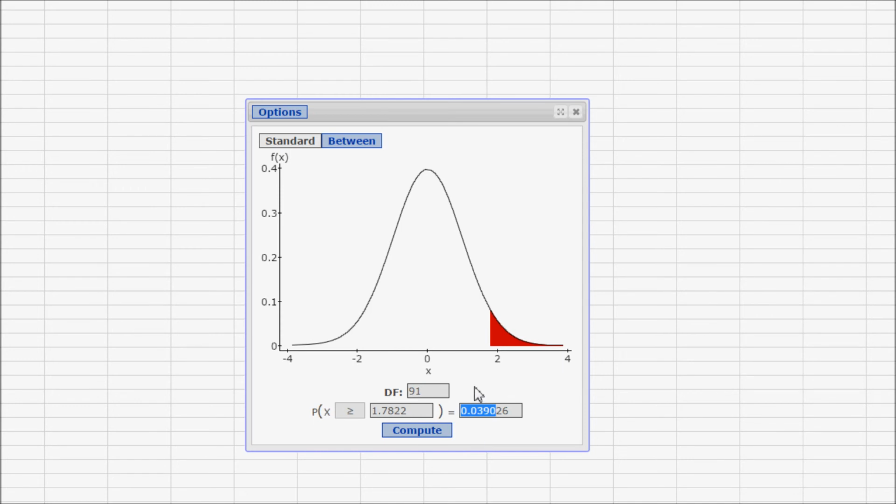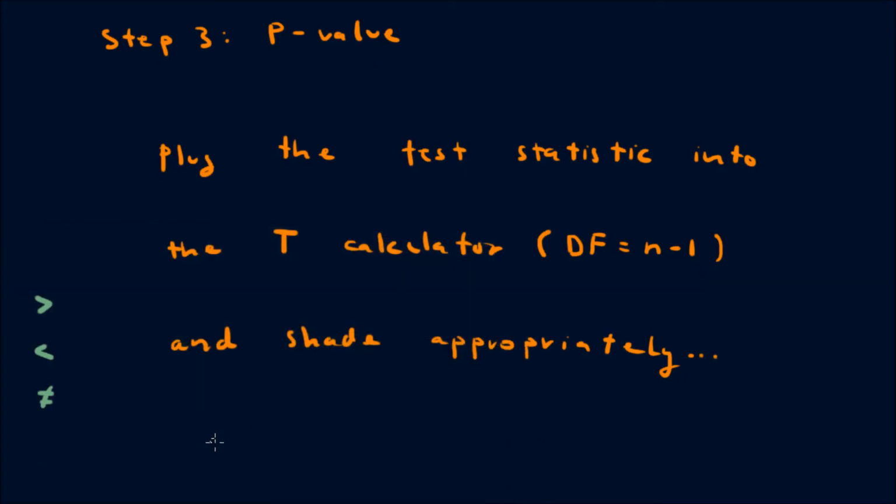For a two-tailed test, you actually need to multiply that value by 2. So the p-value would be 2 times 0.039, which would be 0.078. So that's the p-value for this problem. I will also include an interpretation of this in the description.